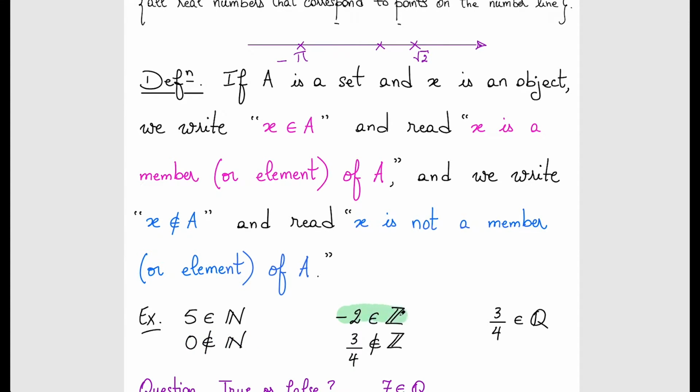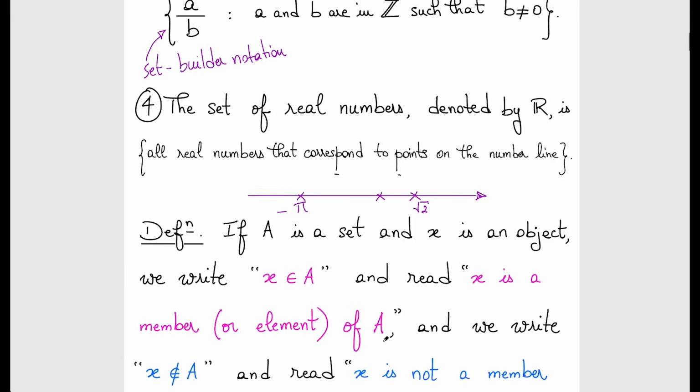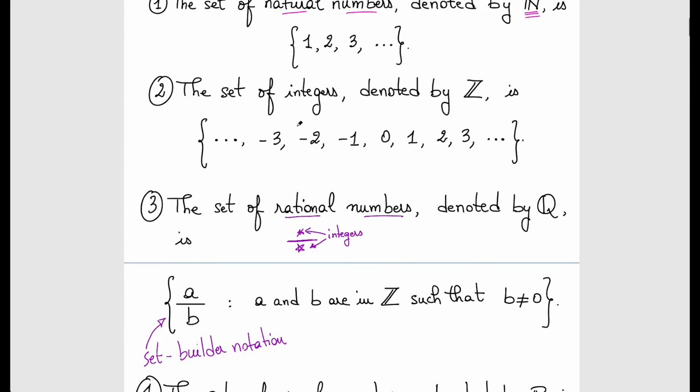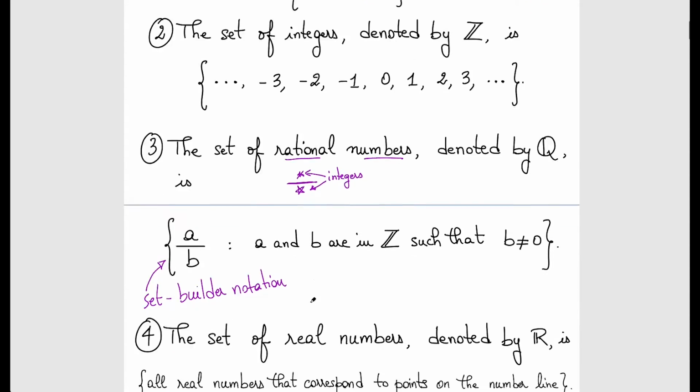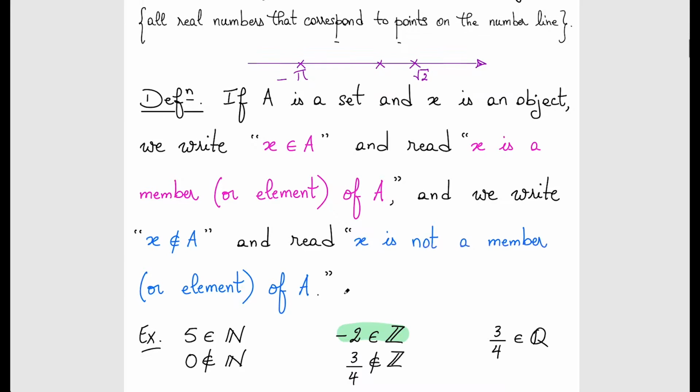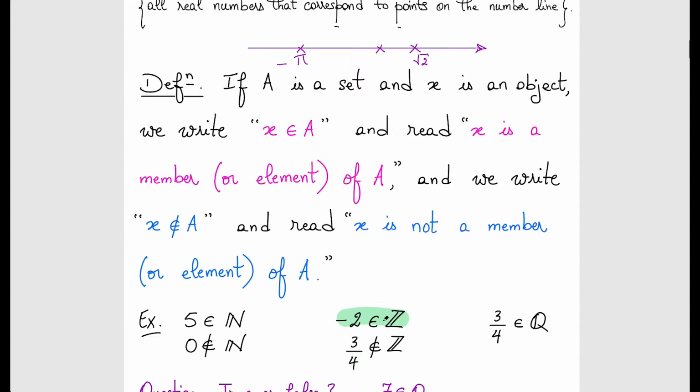Next, this one. -2 is an element of Z. Is this correct? What's Z again? Boldface Z is the set of all integers, so this whole thing. -2 is there, you see it? It's right there. So -2 is an element in Z. So is this correct? Yes, that's correct.